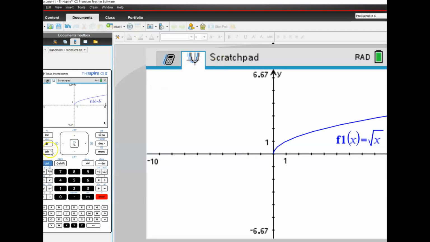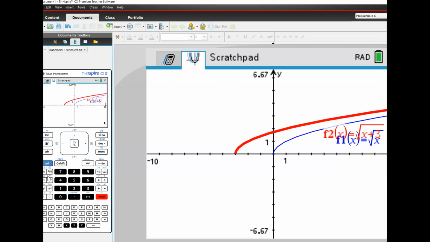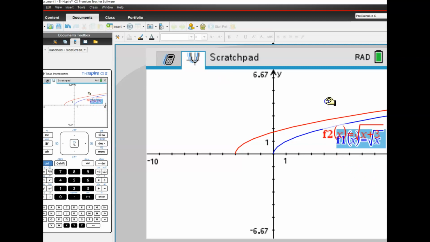I have to go to my second line, control x squared, that way I get my square root, and it's x plus 3. Notice it's inside the square root. So if it's inside the parentheses, inside absolute value, inside the square root, that's when you have your horizontal. And the plus 3, you would think, oh, positive. No, it's opposite what you think. It's going to the left by 3.